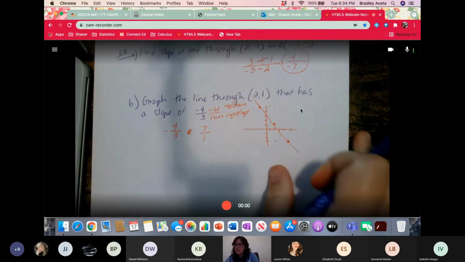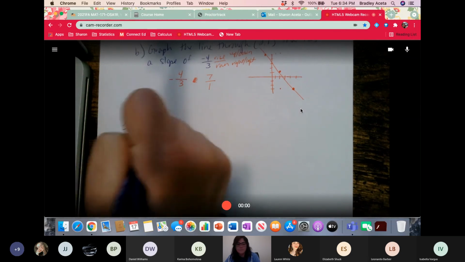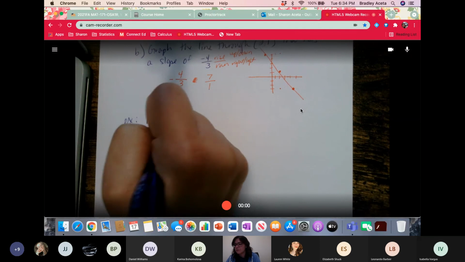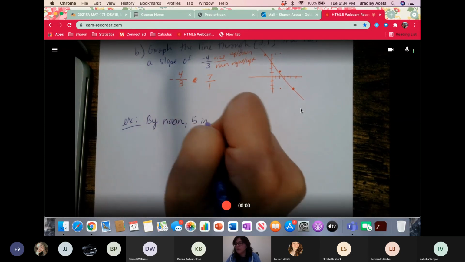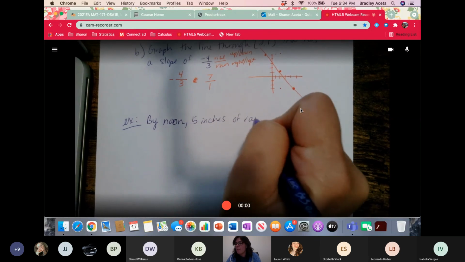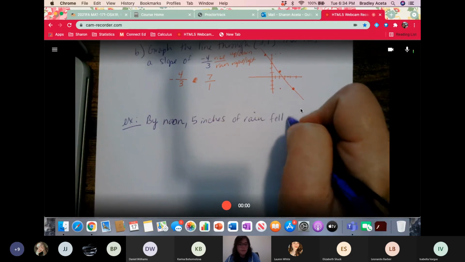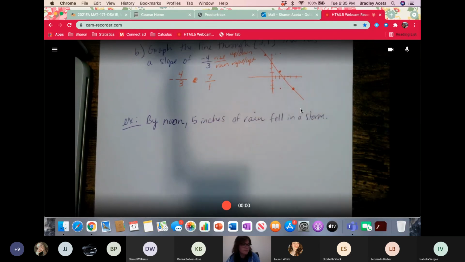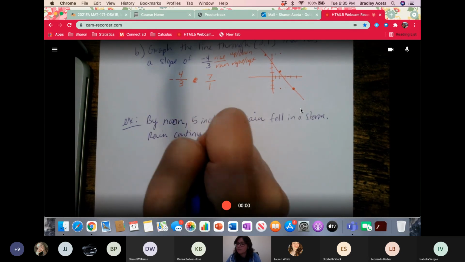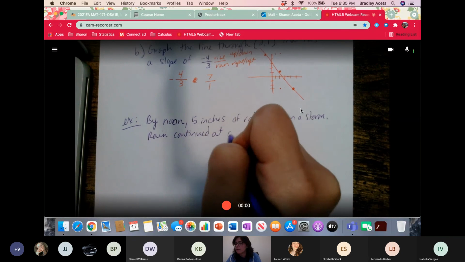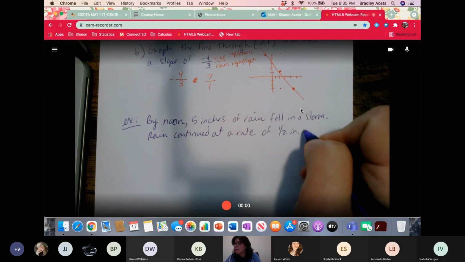All right, and then another quick little word problem, nothing too crazy. This one is, let's see, by noon, 5 inches of rain fell in a storm. And then it said rain continued at a rate, there's that word again, of 1/2 inch per hour.